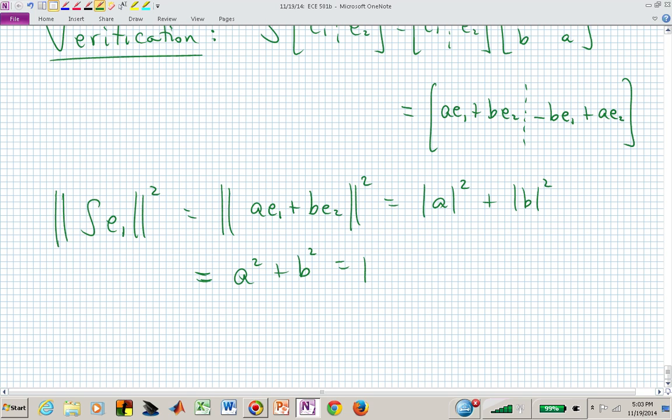And one way to create A and B that when squared and summed equal 1, we could use A being cosine theta and B being sine theta, and that would produce what we need.